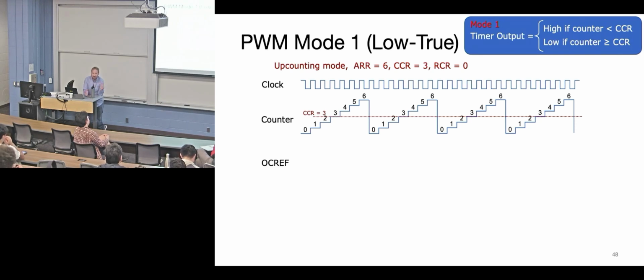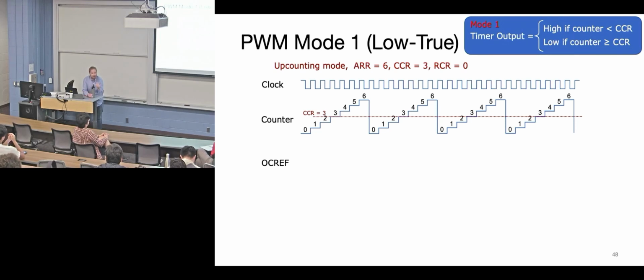So you're trying to measure something that's very long, but you just don't have enough bits in your counter to count all the way up to that event because you're going so fast.